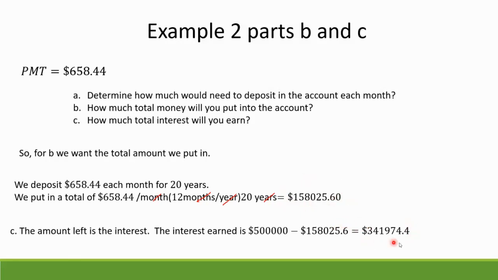And that's what this is, as you can see. $500,000, we subtracted off the amount that came from us. This is the interest. That's what's left over. Are there any questions on this?